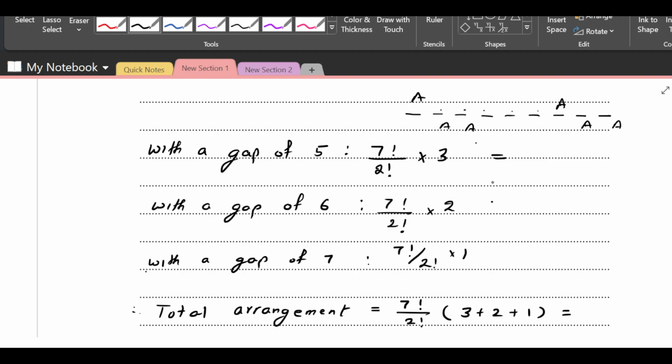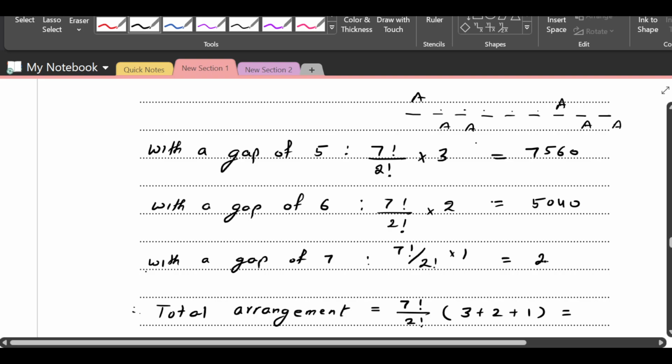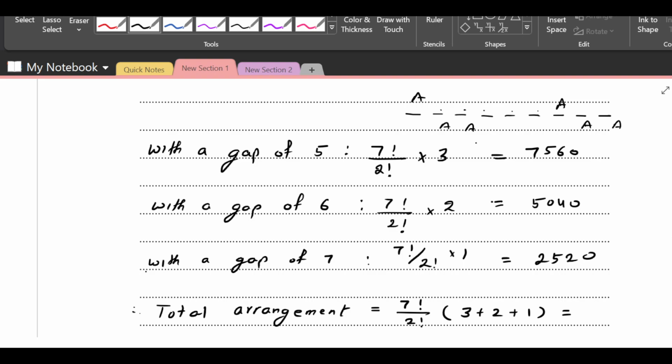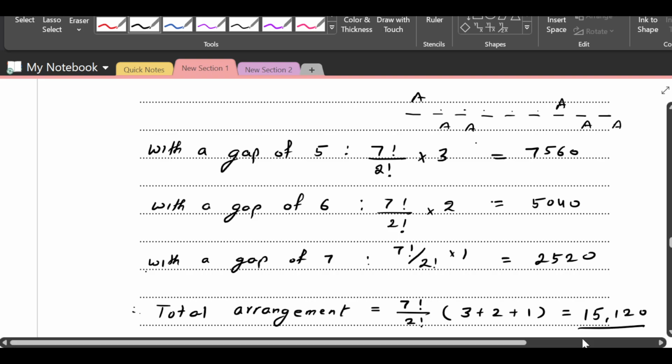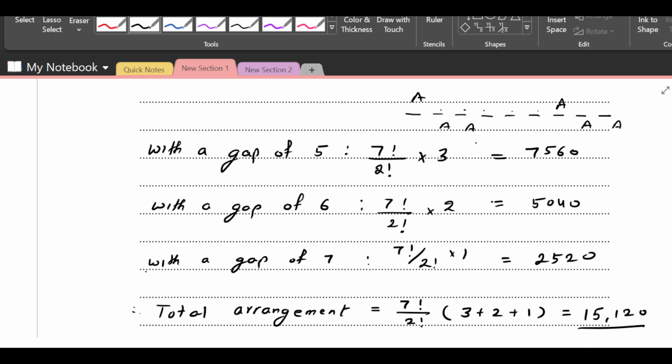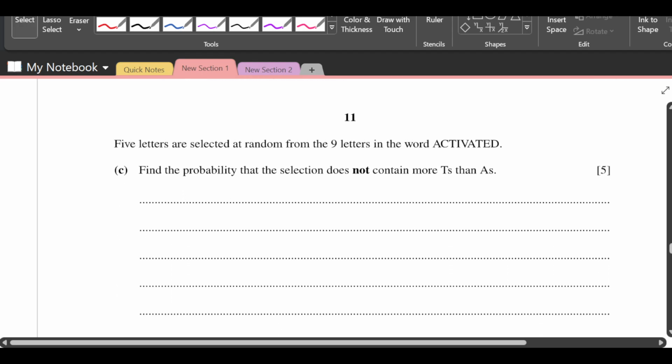So 7 factorial is 5040, divided by 2 factorial is 2520, times 6 is 15,120. So the total arrangement here is 15,120. Okay, 15,120 is the total arrangement.